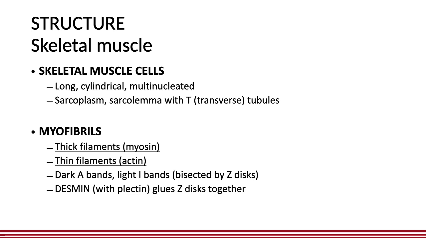Myofibrils are arranged parallel to each other along the entire length, and they are very highly organized. So this parallel arrangement is very important because it facilitates the strength of the contraction. If the myofibrils are not organized that way, then you will not generate enough force to facilitate contraction.